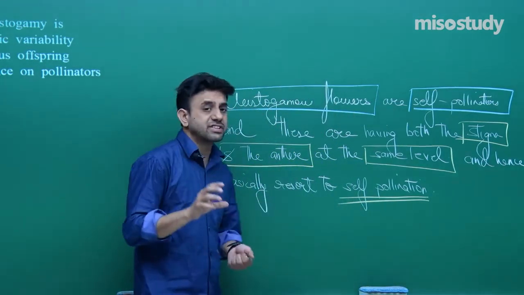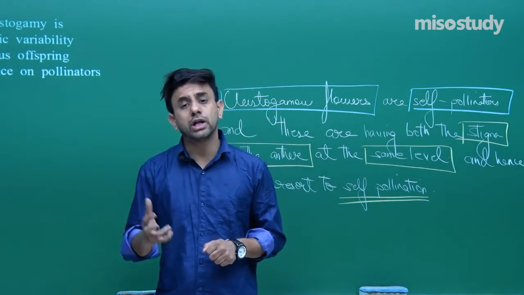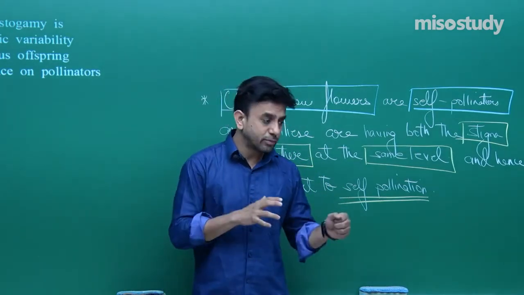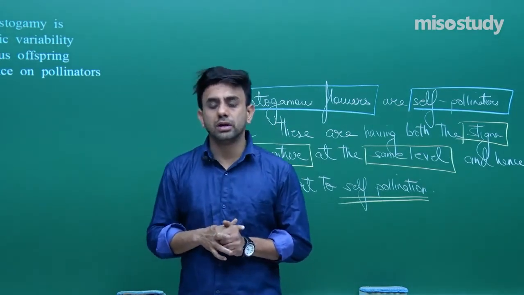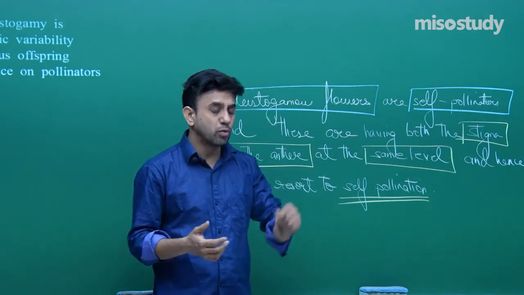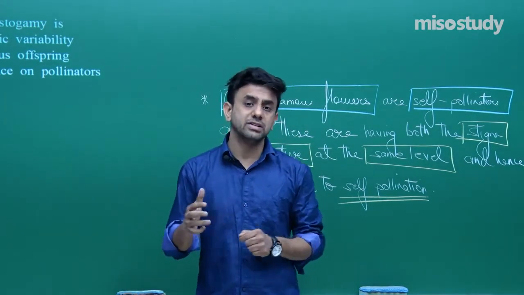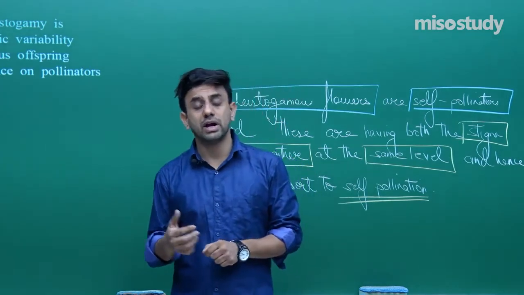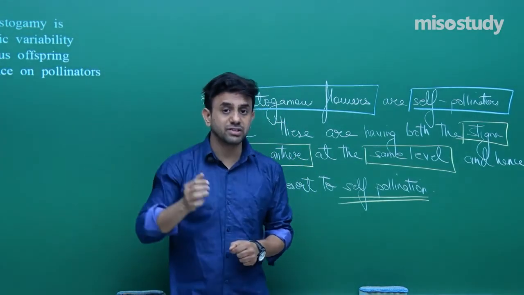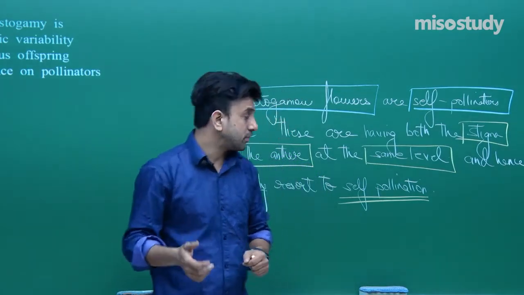Also, both the anther and the stigma mature at the same time, because there are certain flowers that may have both reproductive organs, but one matures before the other, and that is one of the reasons why, in spite of having both reproductive organs, self-pollination does not take place.